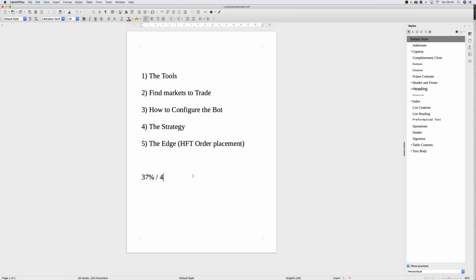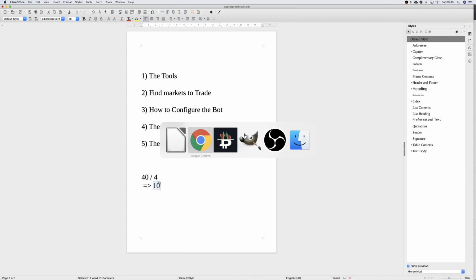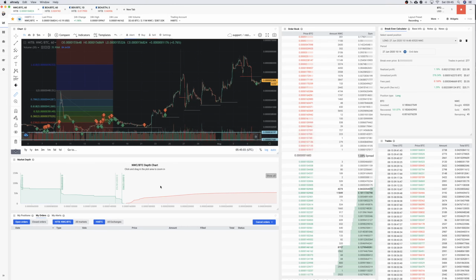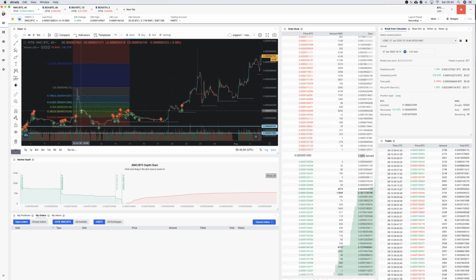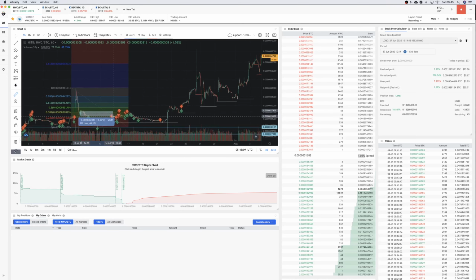So let's round it to 40 because it's easier to calculate. 40 divided by 4, I have 10. This means that if I want to cover 40%, I need to have a 10% minimum price drop between each order. Meaning that between this one and that one, I want 10%.